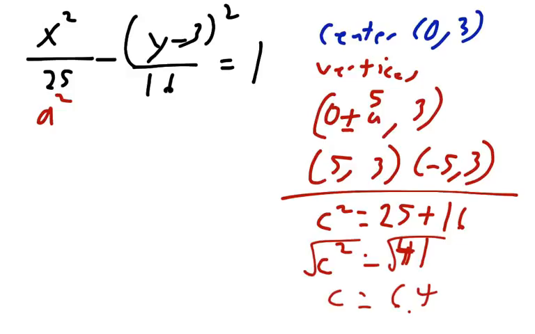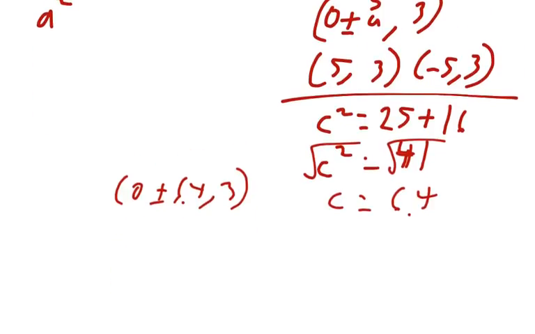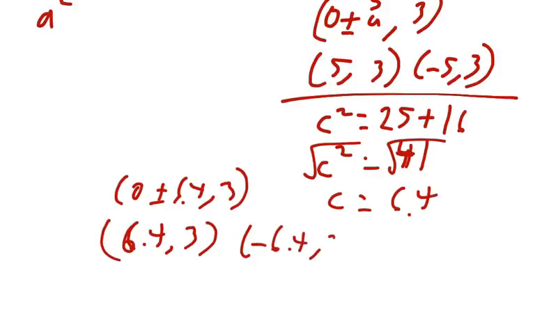So once again, we're adding that to the x value, so we have 0 plus or minus 6.4, comma 3. So that's 6.4, comma 3, and negative 6.4, comma 3.